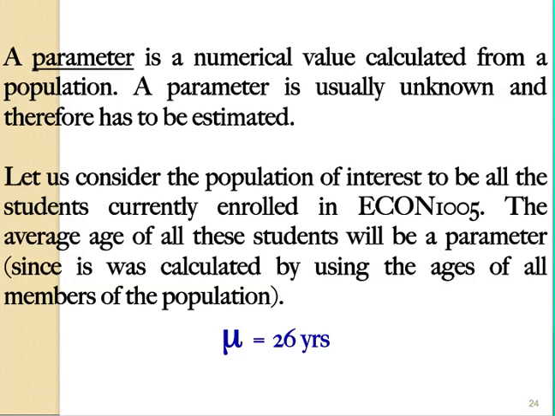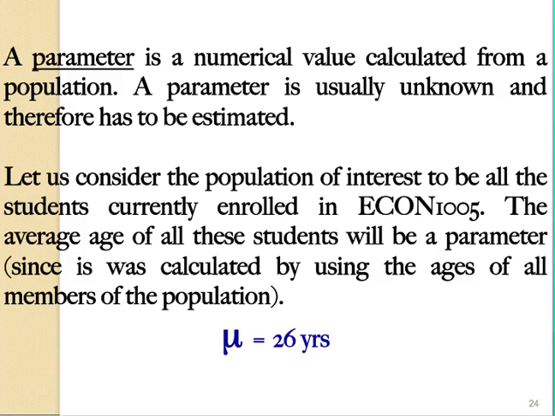Now, a parameter is a numerical value that is calculated from a population. A parameter is usually unknown, and therefore it has to be estimated. It's usually unknown because most times our population is so large we cannot get to all the items in a population. Hence, you can't calculate that parameter value. So in most times it's estimated.